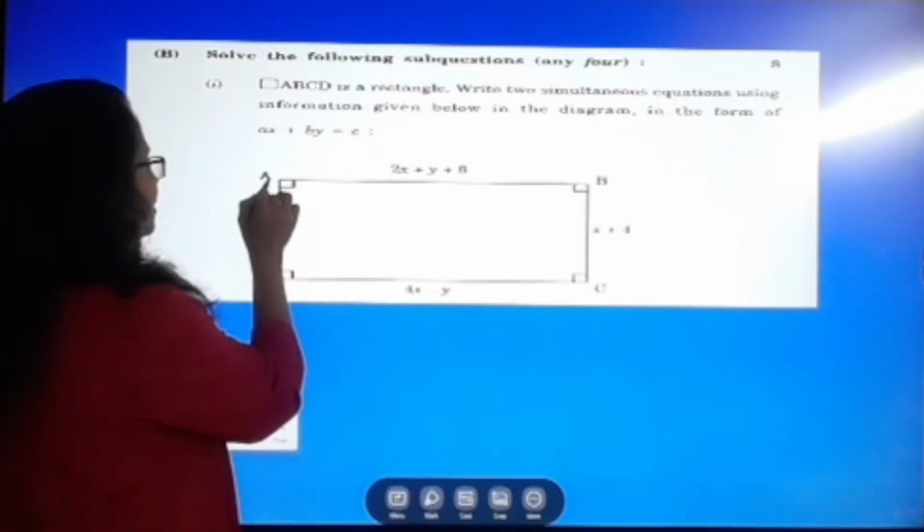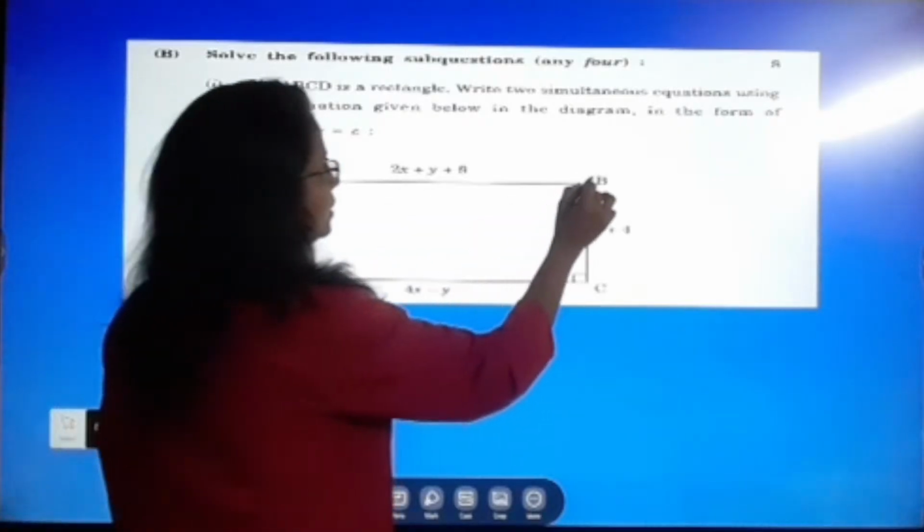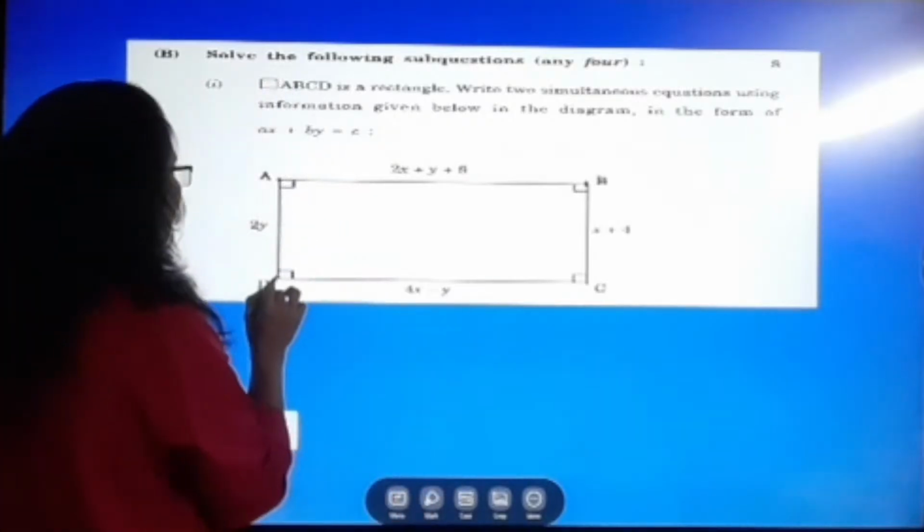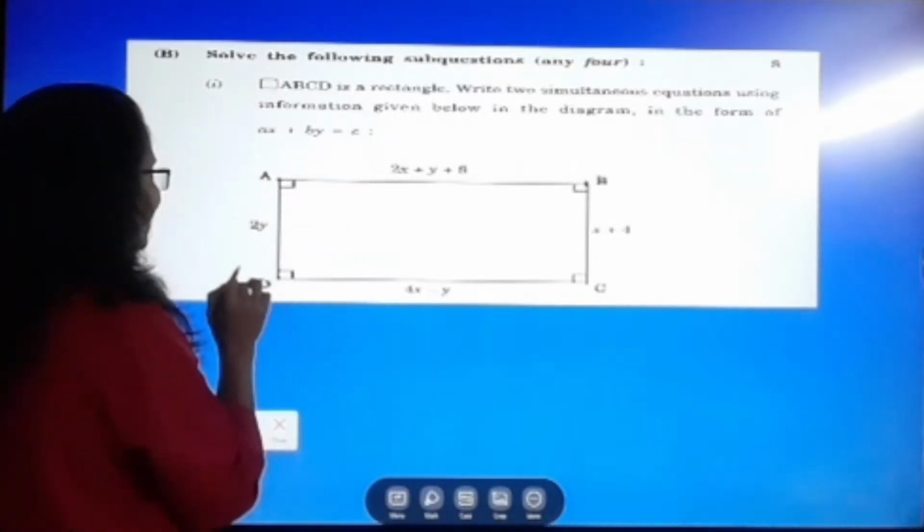See here, this is A, this one is B, this one point is C, and this one is a point, we can call it a vertex.